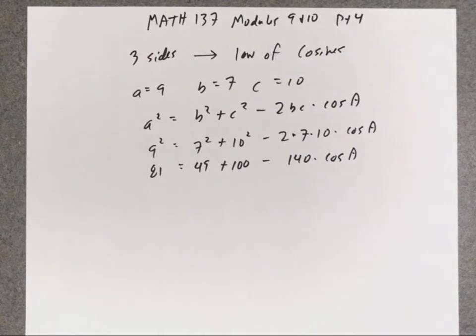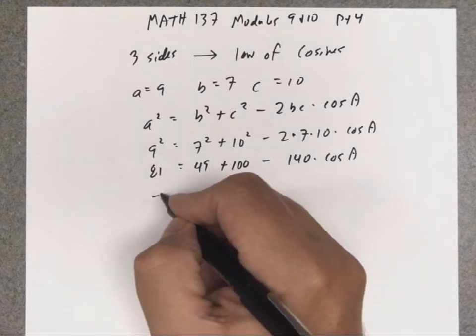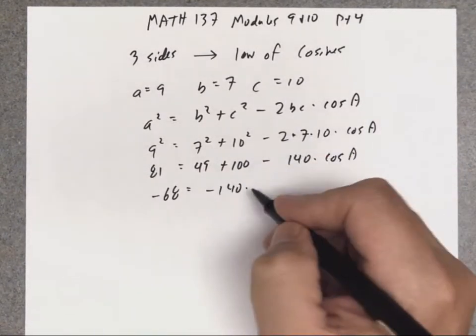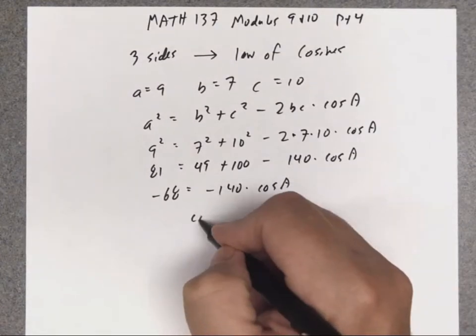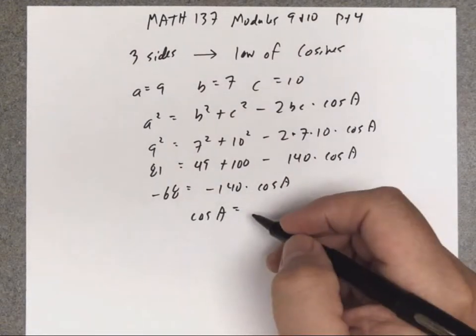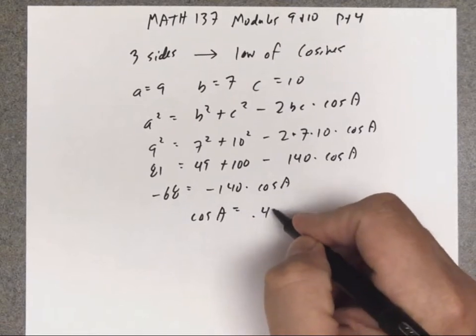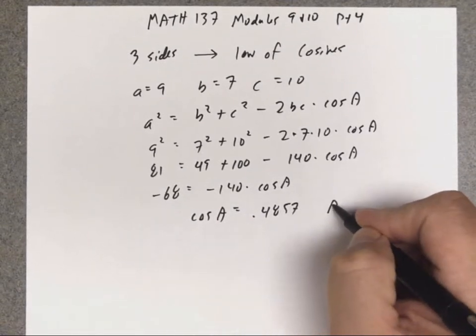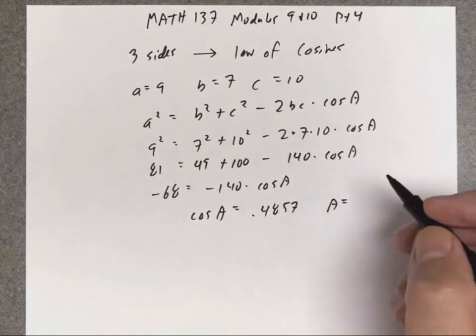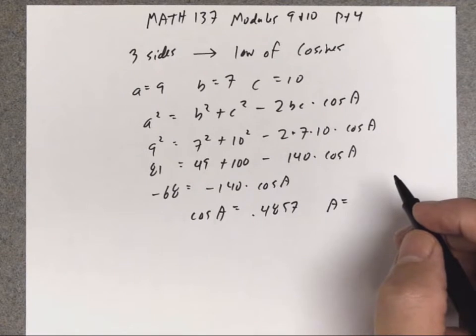If I take 81 minus 49 minus 100, negative 68 equals negative 140 times cosine of A, so cosine of A is like 0.4857. So to get the angle, take the inverse cosine of this, 60.9 degrees.